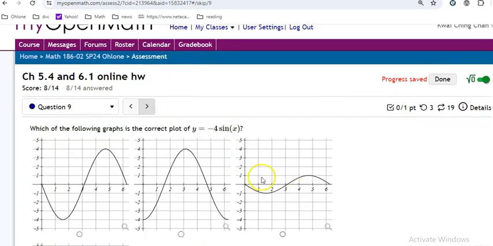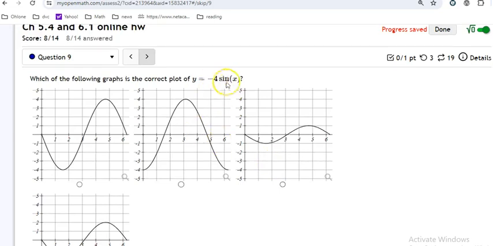Question 9 is about graphing. Which one of the graphs is negative 4 sine x? The only transformation is the 4 outside, which is a stretch, so we stretch it up to 4 and negative 4, and a reflection. For sine, you have the x-intercept and it goes up, but with the reflection, you go down first.